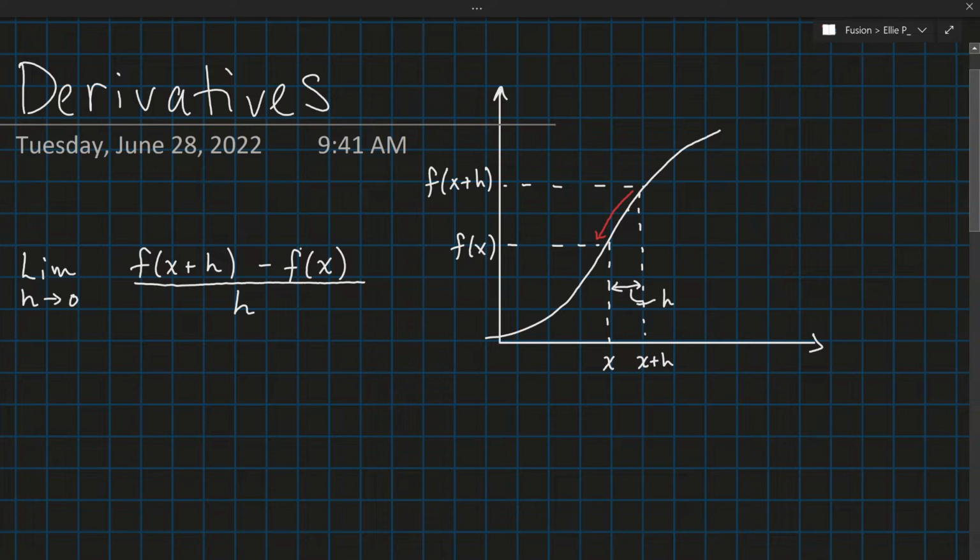So this f of x plus h minus f of x is basically this distance right here. And h, as we said, is the horizontal distance between the two. So we're getting the rise over the run, or the slope, between these 2 points.